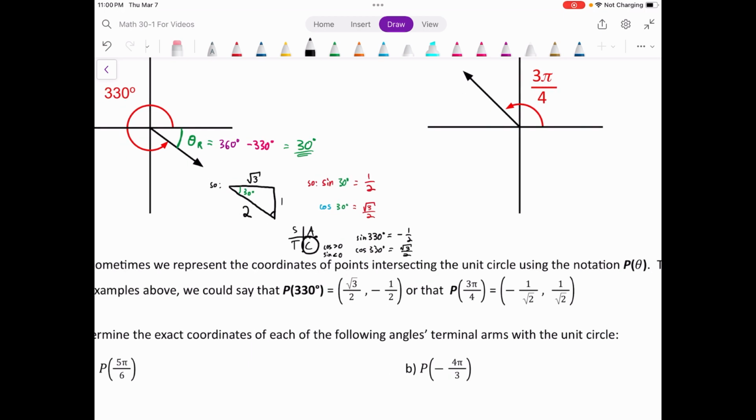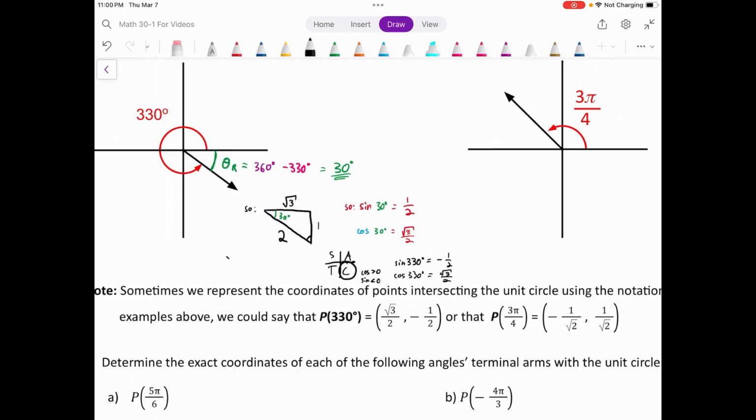Honestly, I kind of prefer to do it this other way for these types of questions, where I say, yes, this is a 1, but keeping in mind that we're really here, it's actually a negative 1 for my y. Notice that would give us the same results. Sine of this angle is negative 1 over 2.